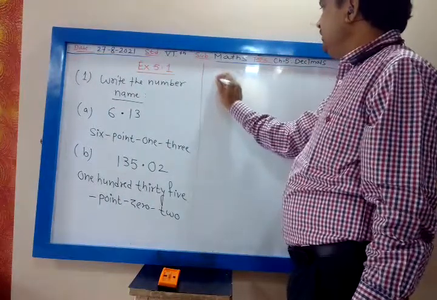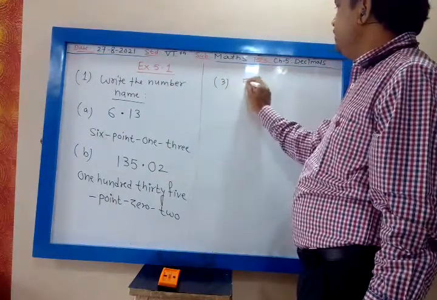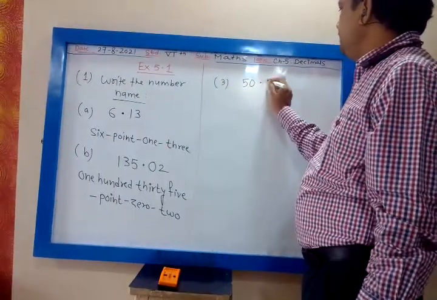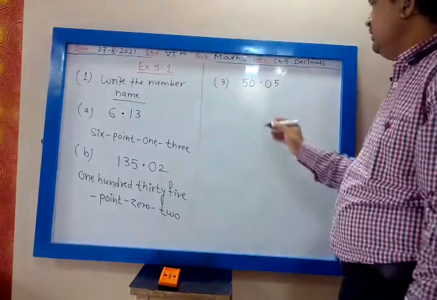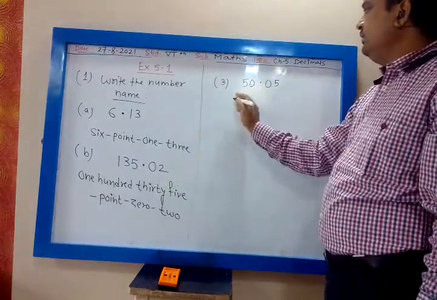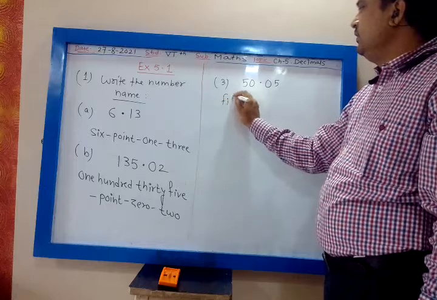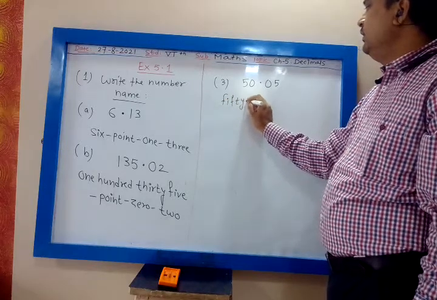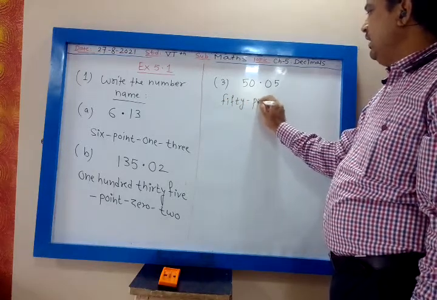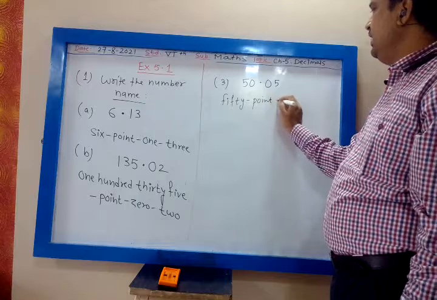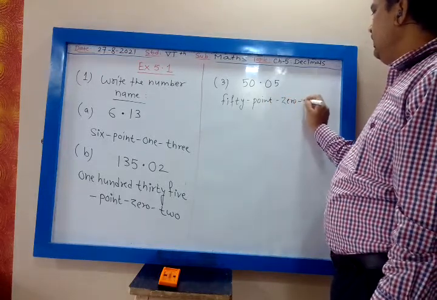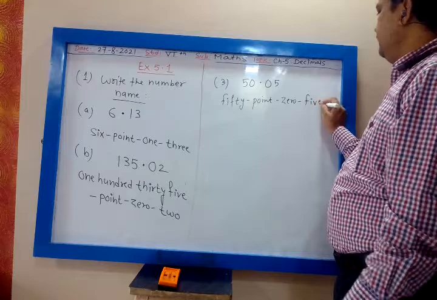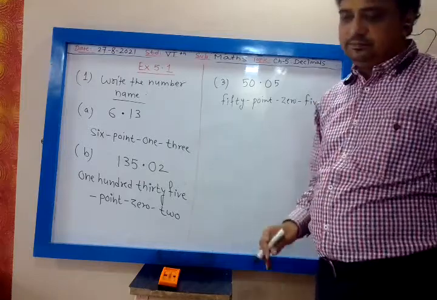Then the third one is 50.05. Before decimal we read that as a whole number. So before decimal we have 50. Then we write point, dash, 0, dash, 5. So 50.05 we read.